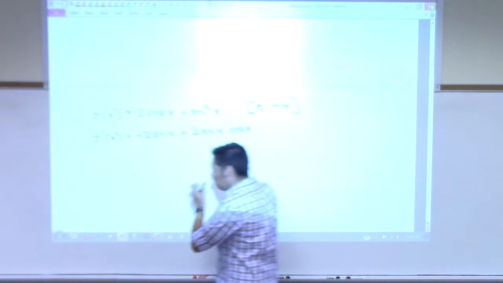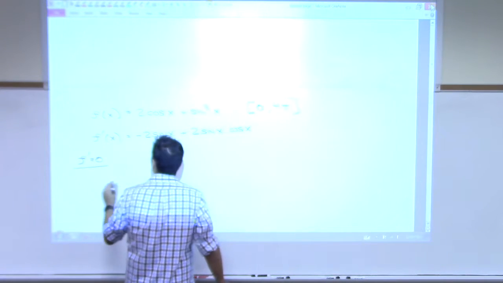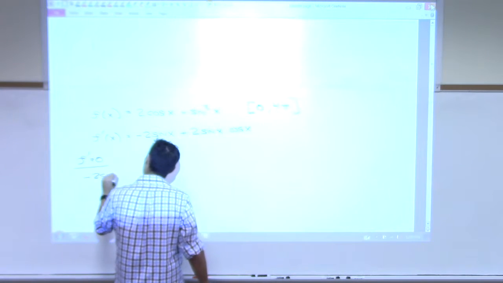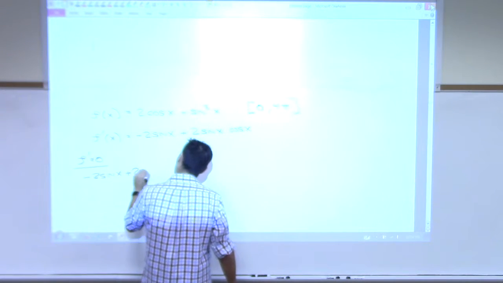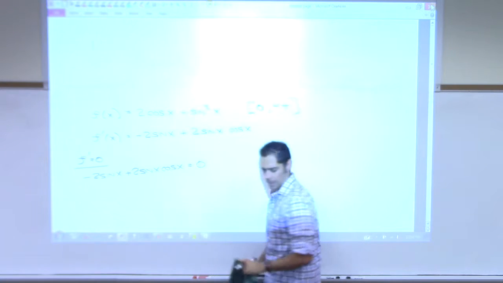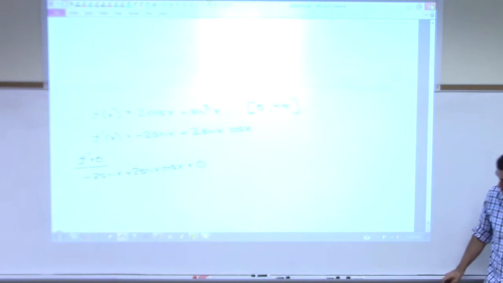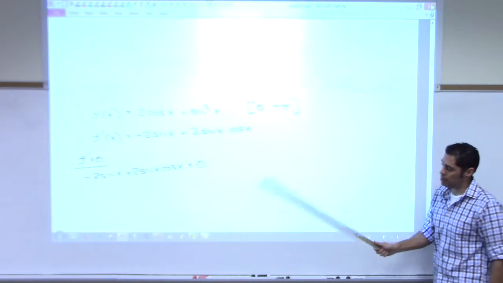Set that equal to 0. So you set negative 2 sine x plus 2 sine x cosine x equal to 0. This is what we refer to in pre-cal as a trigonometric equation. So how are you going to solve that?